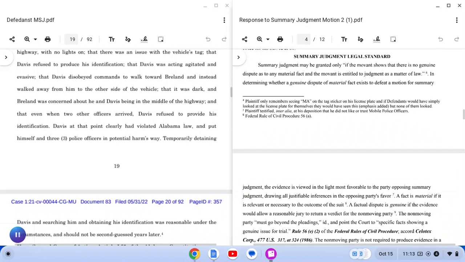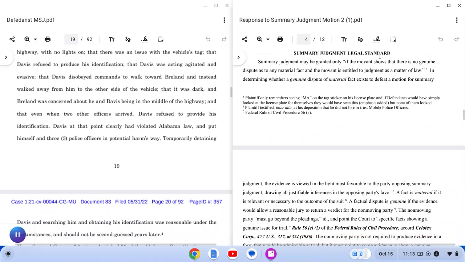All right. Summary judgment legal standard. Summary judgment may be granted only if the movant shows that there is no genuine dispute as to any material fact, and the movant is entitled to judgment as a matter of law. And there's the footnote right there. See this footnote?